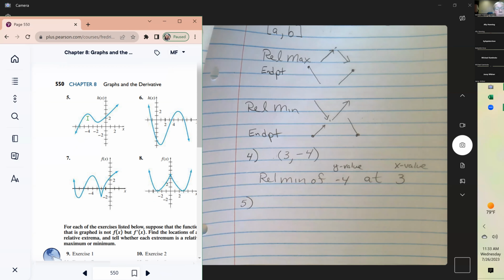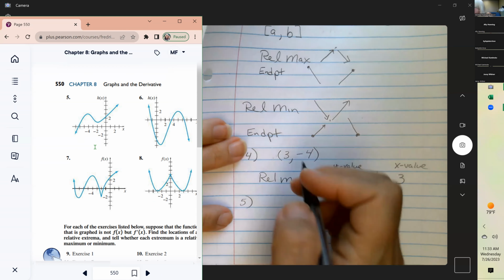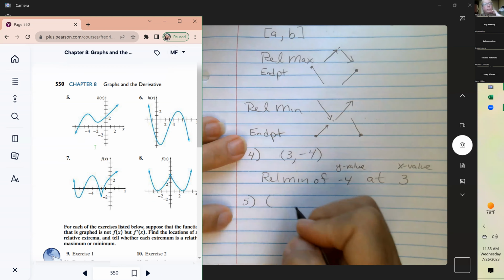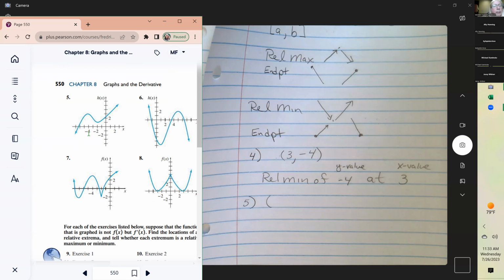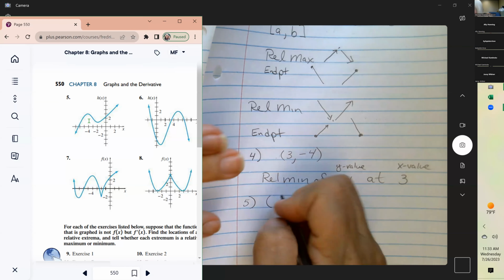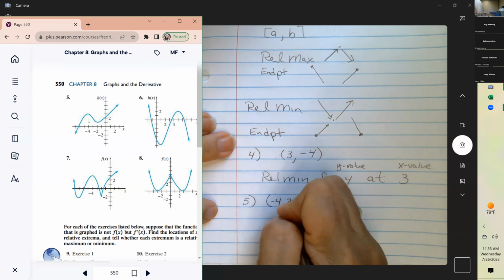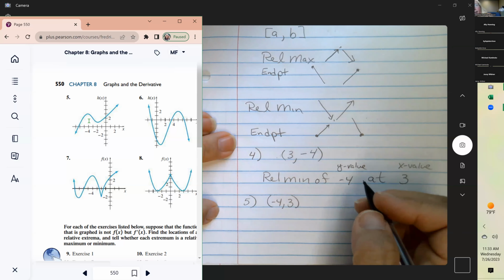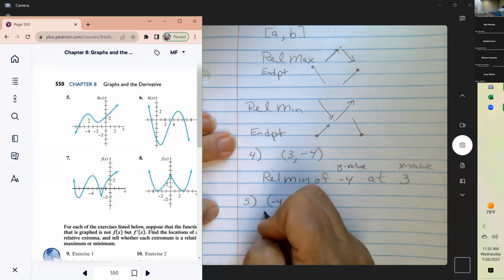But we do have one high value and one low value. The 1 point -4, 3. And that's a high point, so that's a max.